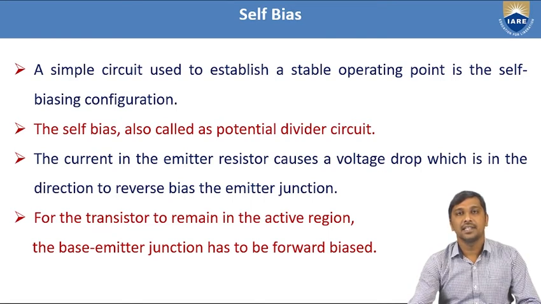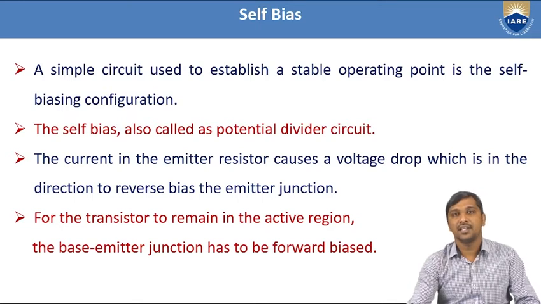If the emitter current changes, the voltage drop across the emitter resistance also changes. This change in voltage drop can make the emitter base junction reverse biased, which means the transistor does not act as an amplifier.